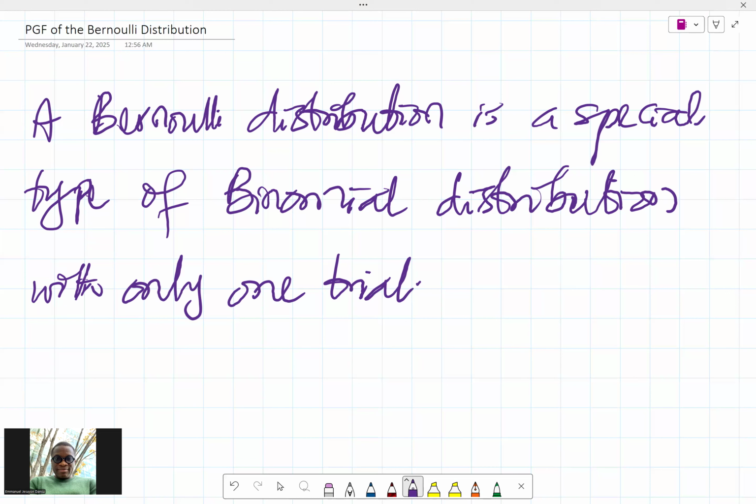As a result, the random variable takes the value of either 1 or 0 with attached probabilities.